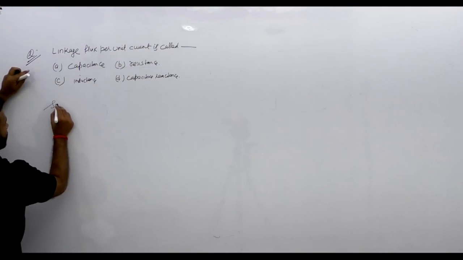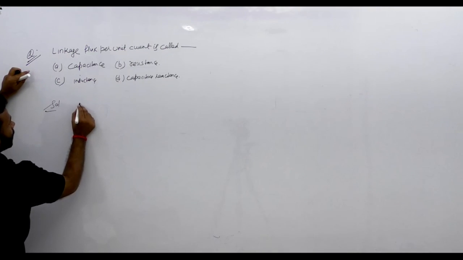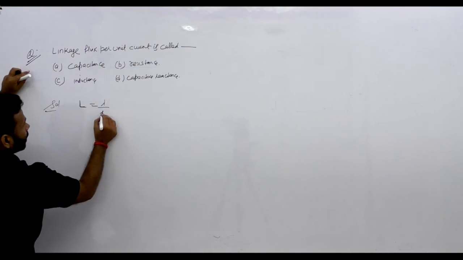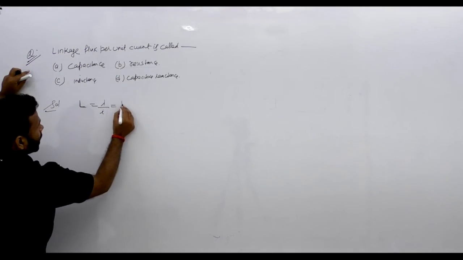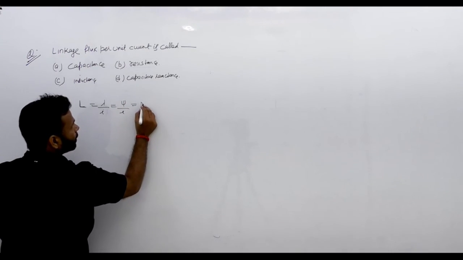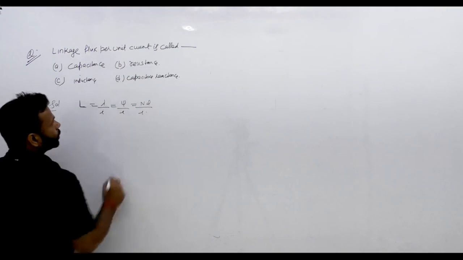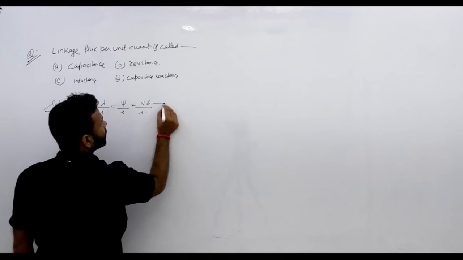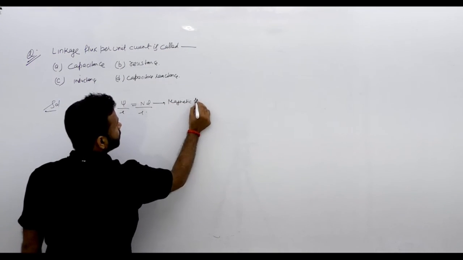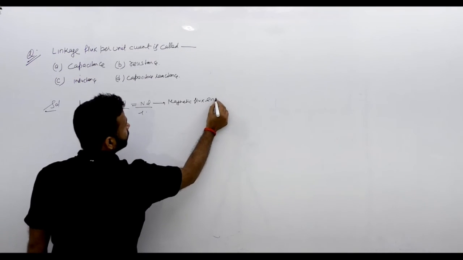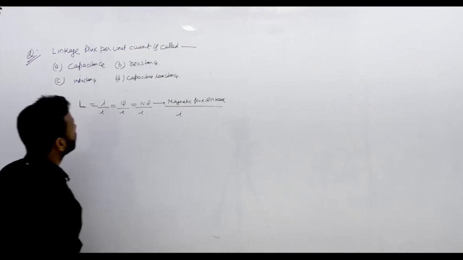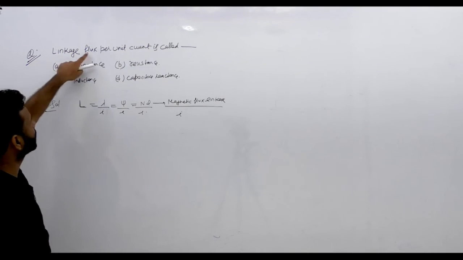Now if you remember the inductance definition, L equals lambda by I, or in some books it is psi by I, and this lambda is called N phi upon I. So it is called magnetic flux linkage. So what they are asking, linkage flux per unit current.